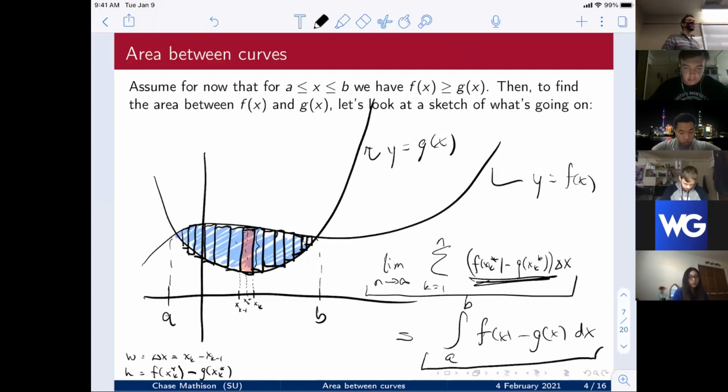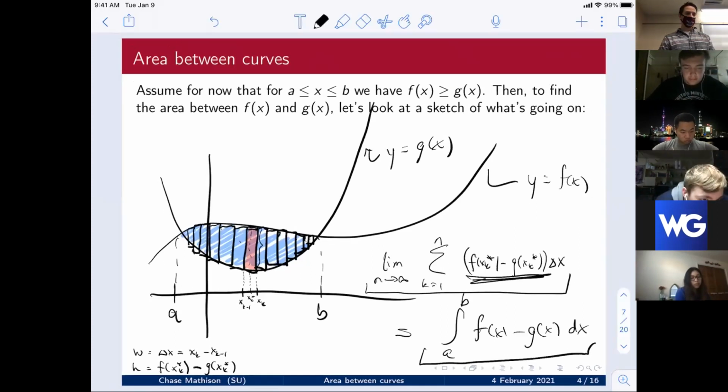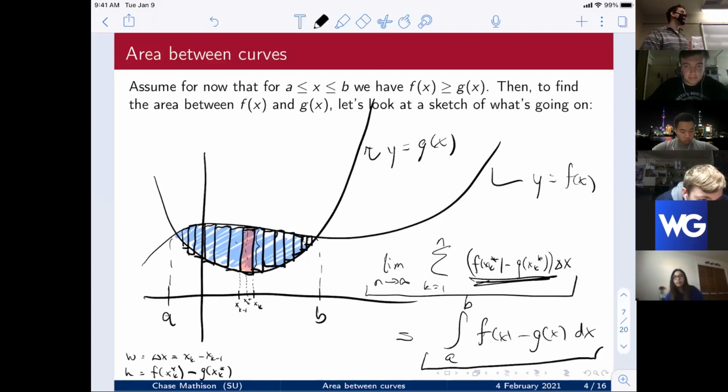The area between two curves, where f of x is the top curve and g of x is the bottom curve, is this integral. But this process of recognizing something as the integral of some function comes up on the homework. Questions?